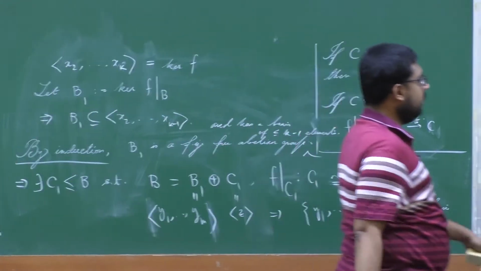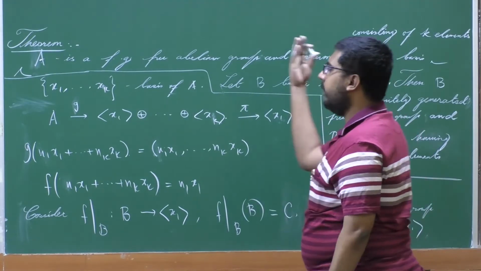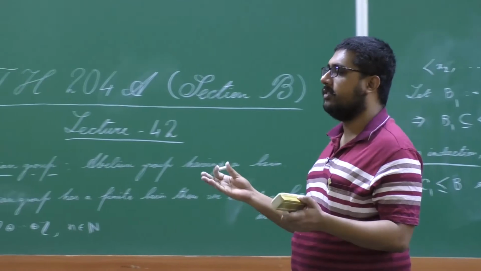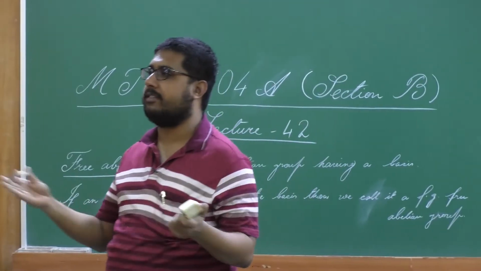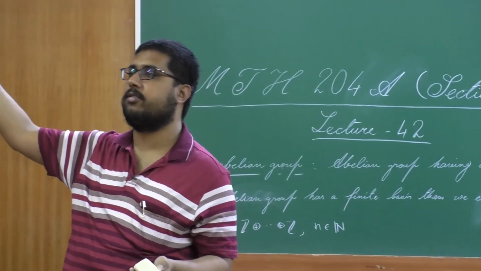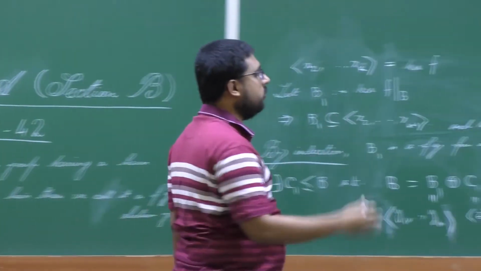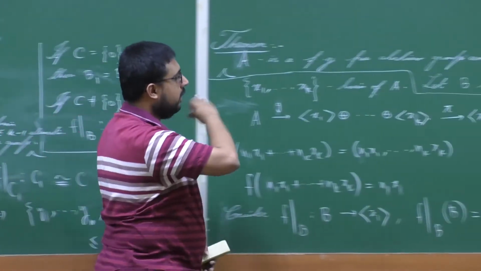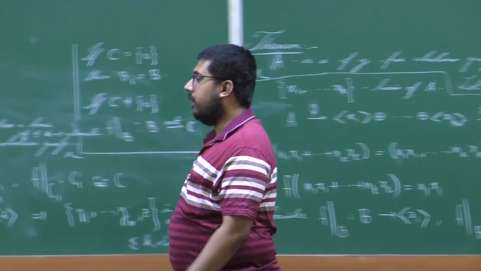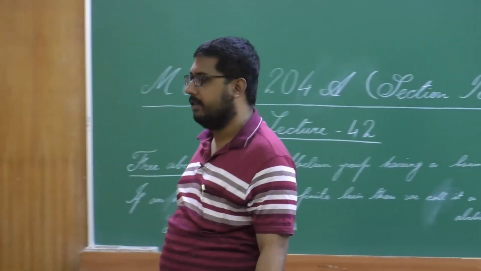All right. The next thing is, you must have noticed that throughout I am using the phrase "having a basis of this many elements." I have to use that because till now I haven't established that if there is a basis of n elements, then every basis will have n elements.